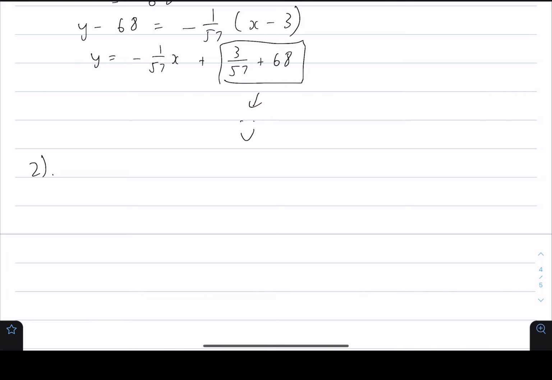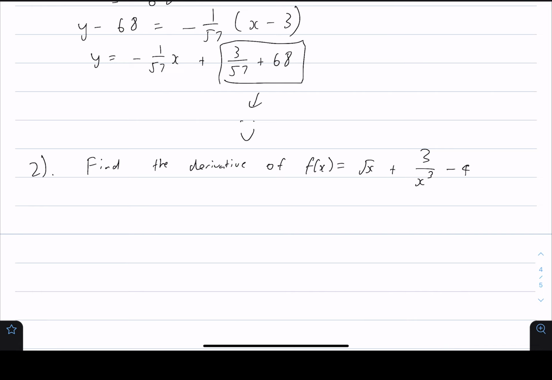Let's go to the next question, which is find the derivative of f of x equals root x plus 3 on x cubed minus 4. Okay, this is interesting. We've only dealt with whole number and positive integers as powers.